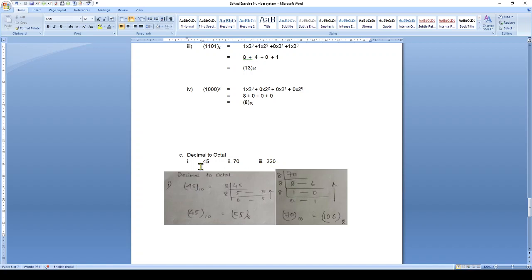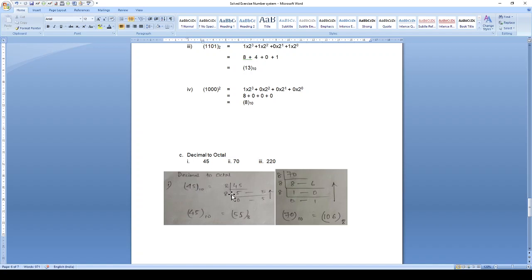See, I am telling it is 45, 70, 220. Why can I tell this? Because they are in decimal. See, it is written decimal to octal. So the numbers are given in decimal. You are to convert the decimal numbers to octal numbers. Like we call the numbers in our day-to-day life, we can say 45.